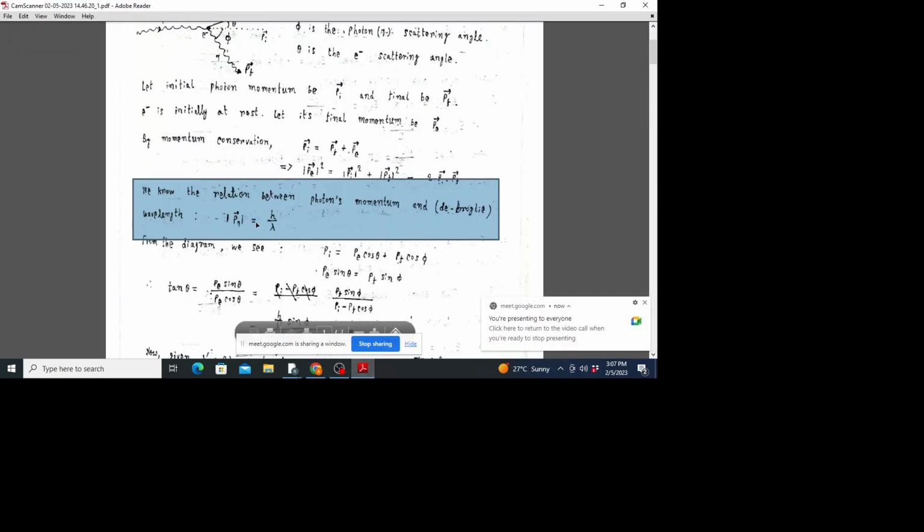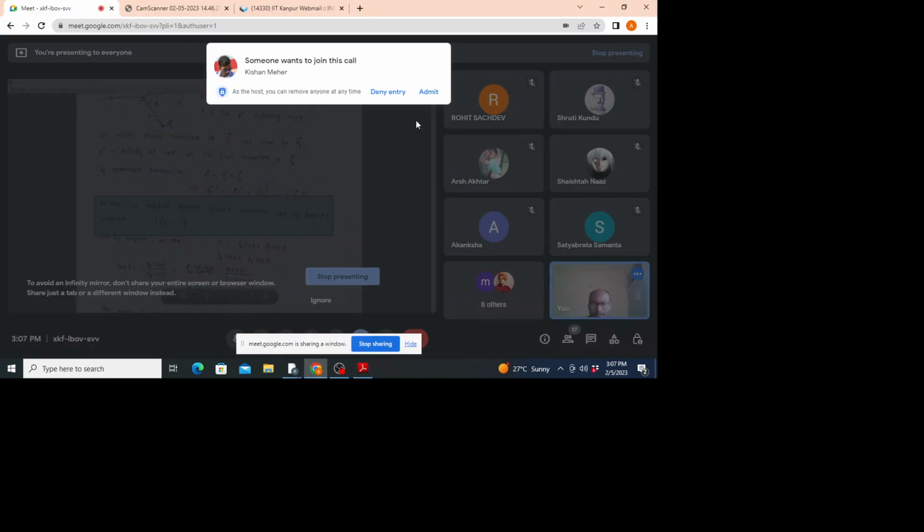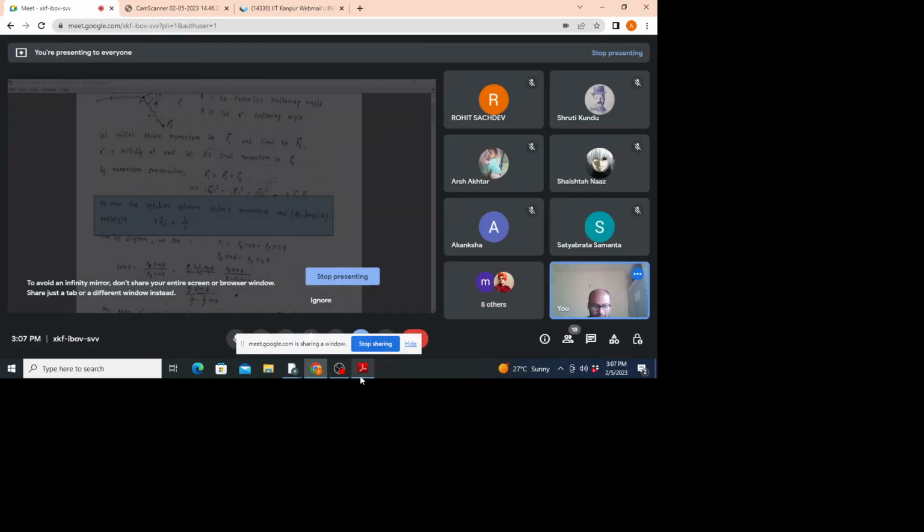The magnitude of a photon's momentum is equal to h by lambda, where lambda is the wavelength of the photon. So we will have to use this relation.